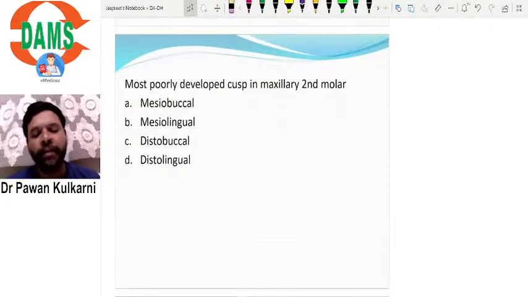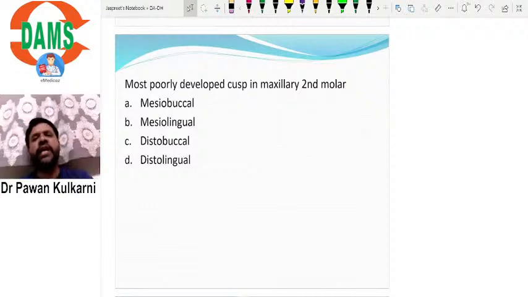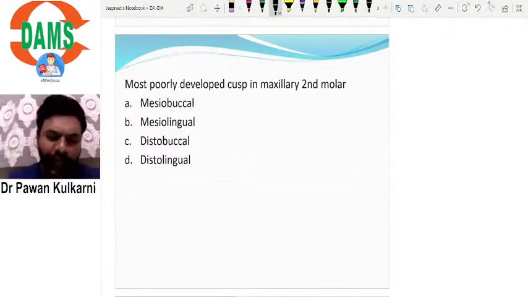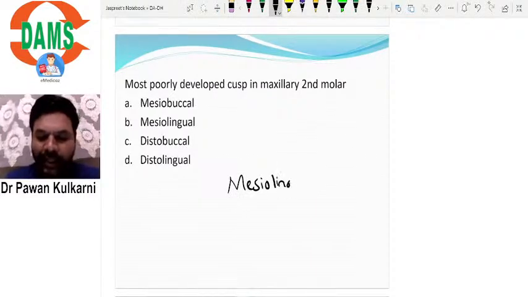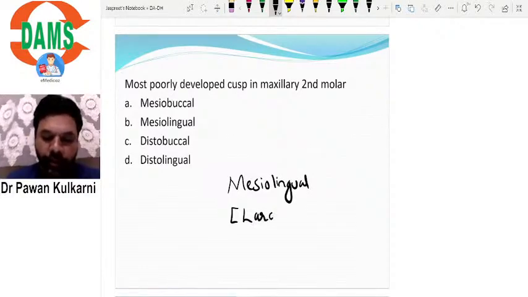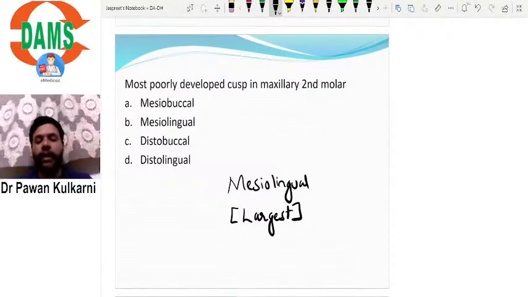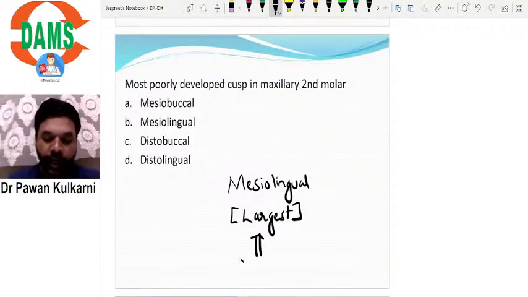Most poorly developed cusp in the maxillary second molar. If you see the maxillary molars, the largest cusp is the mesiolingual cusp. All of us know this is the largest cusp in maxillary molars. On this mesiolingual cusp only you will see the cusp of Carabelli, which is the fifth cusp.